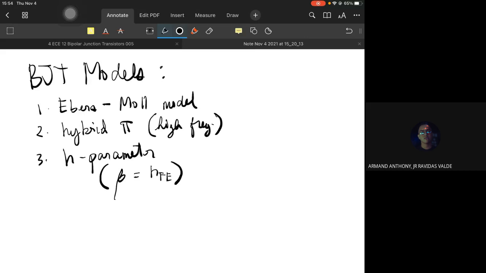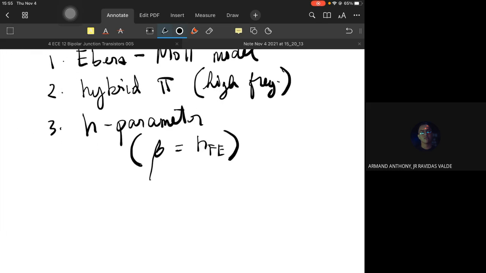Nangita ta og configuration nga independent of beta so that dili ta mag-depend gyud sa mga naset na dati nga parameters. Contrast lang nato sa 4, sa model nga itong gamiton.